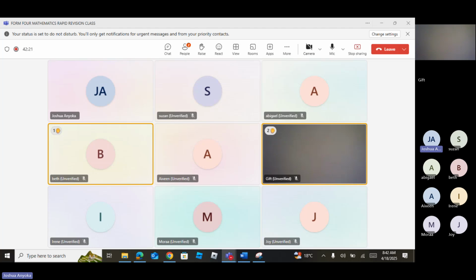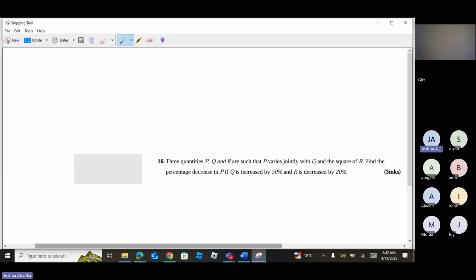Let us compare the two answers. Beth, what is your percentage change? 4%. Beth has 4%. Gift, what do you have?